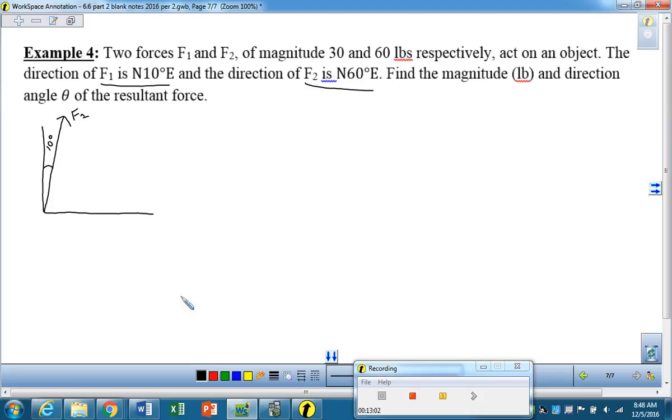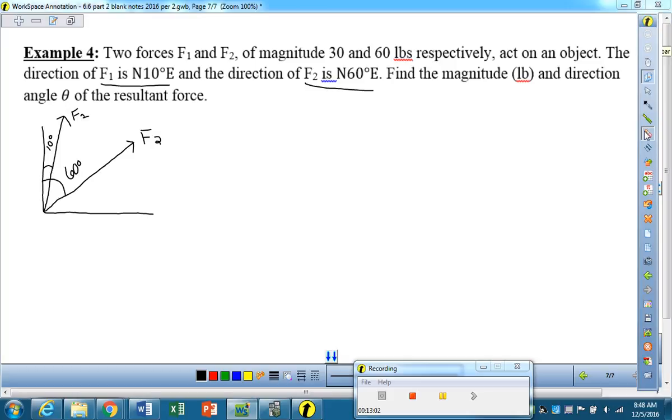And then force 2 is north 60 degrees east. So this one is going to go a little bit further out. And we'll label that 60 degrees. There we go.